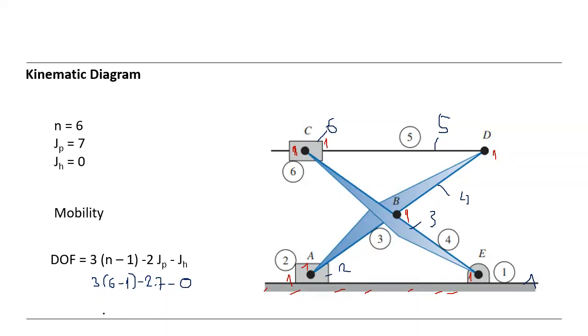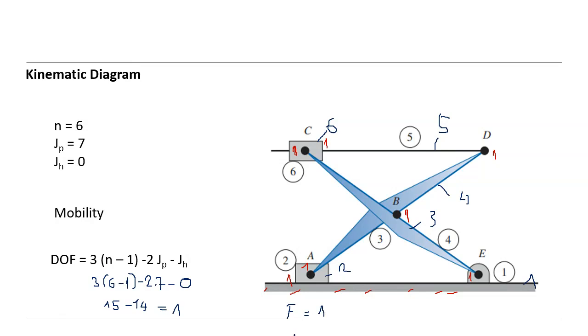So here we have 5, 15. 15 minus 14, as you see here, is equal to 1. So then the degree of freedom for this mechanism, F, is equal to 1. This is a constrained mechanism.